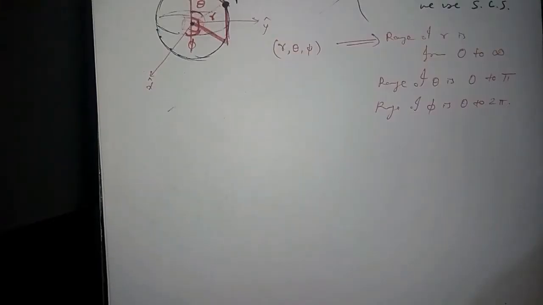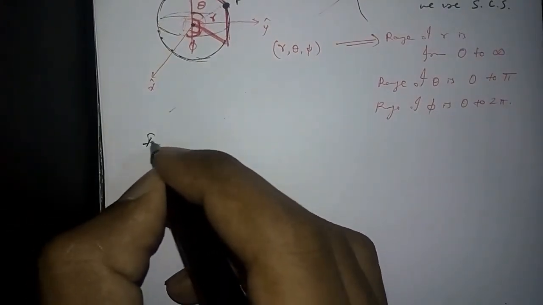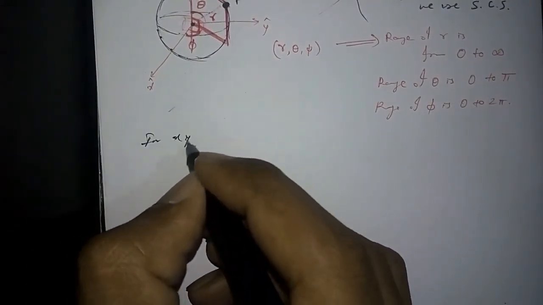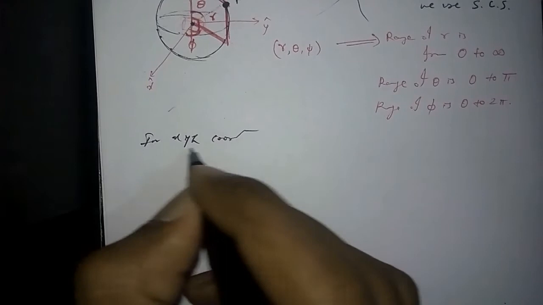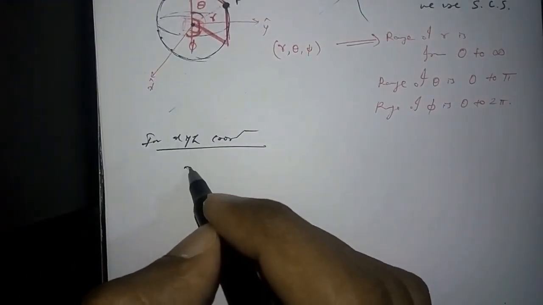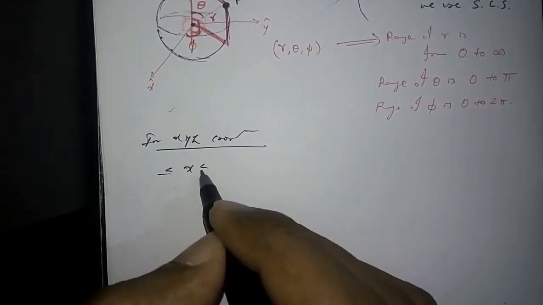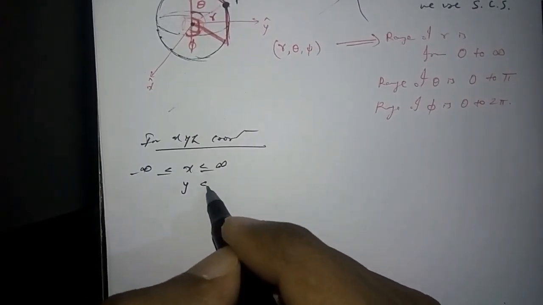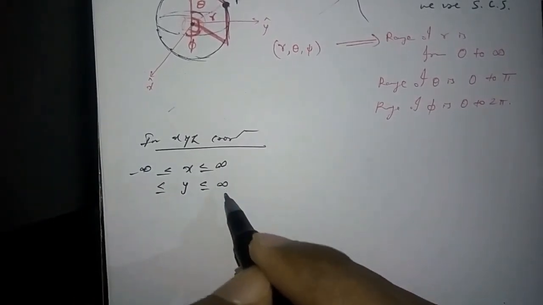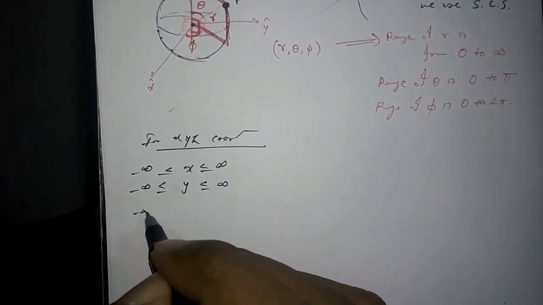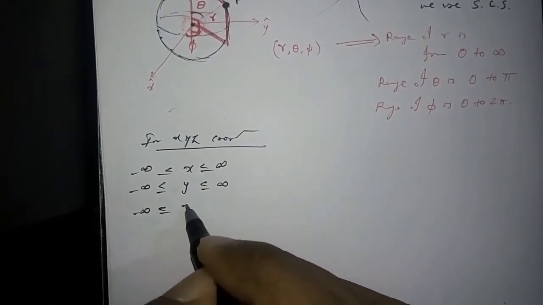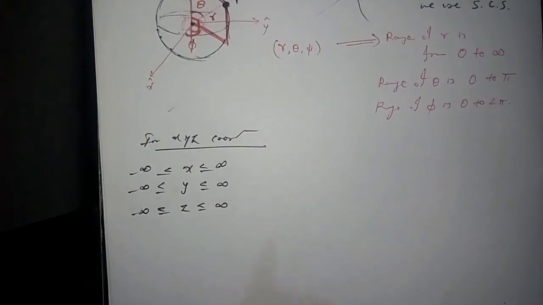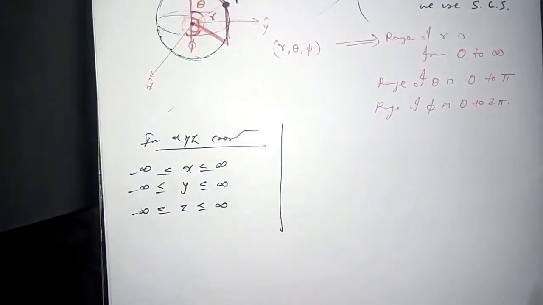And one more thing guys, in xyz coordinate, x is between minus infinity to infinity, y is also between minus infinity to infinity, and z is also between minus infinity to infinity.